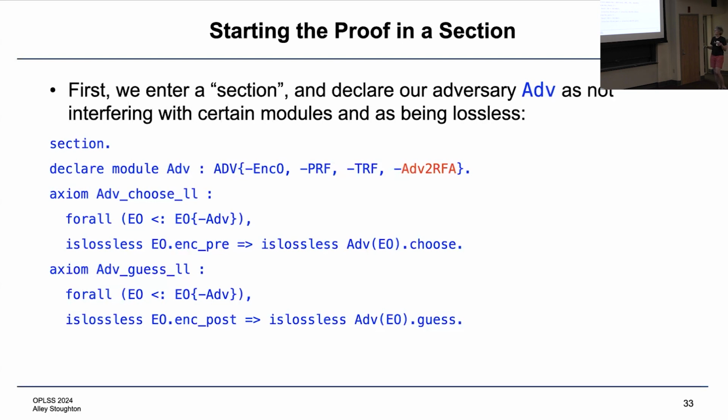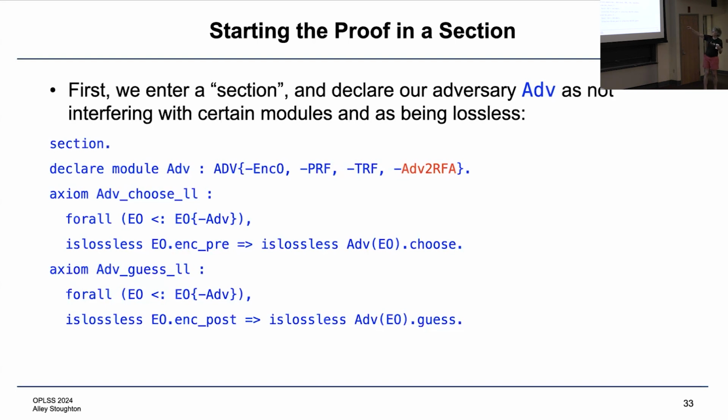Pedagogically, it would be confusing, but in the actual proof, this extra thing that's in red, we've already defined. So we'll define it later, and then we'll imagine that we pushed it back here. And then for technical reasons, we're having to assume that the adversary's choose and guess procedures always terminate, no matter what inputs they're given, with probability 1.